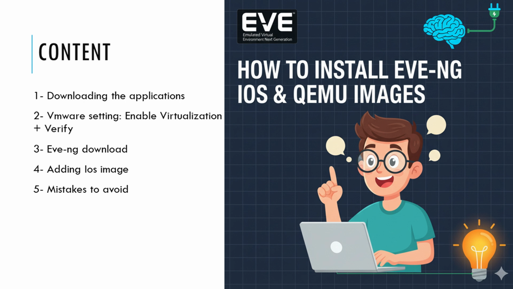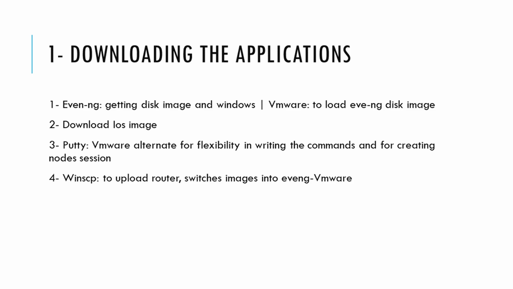So let's go. First things first, we need to download the main software, which is the Eveng iOS disk image, then the Winclient, iOS Winclient, and then VMware, and then the putty, and WINscp.